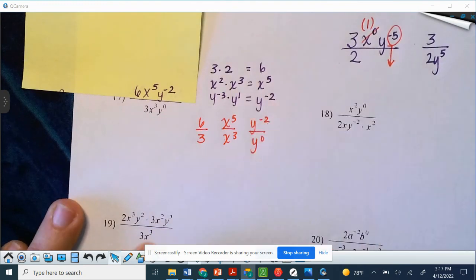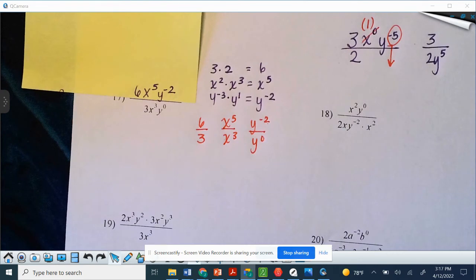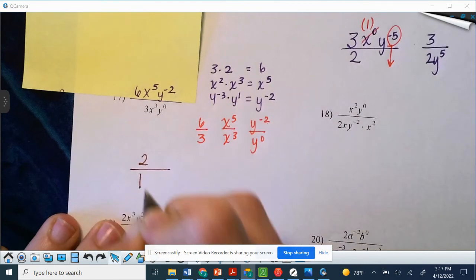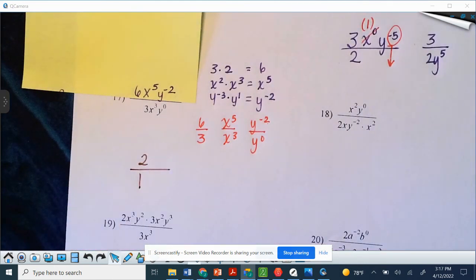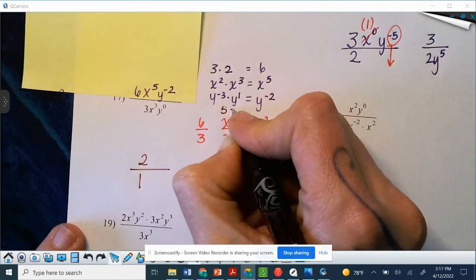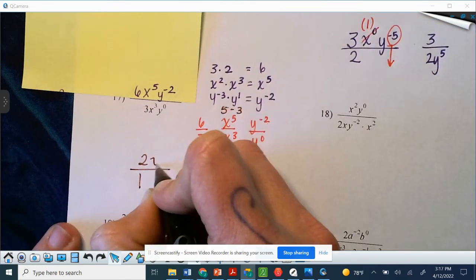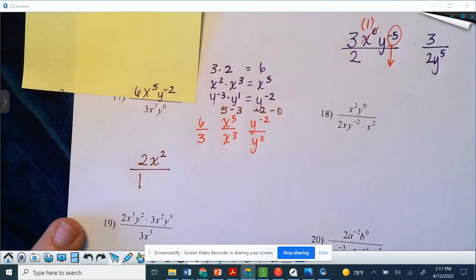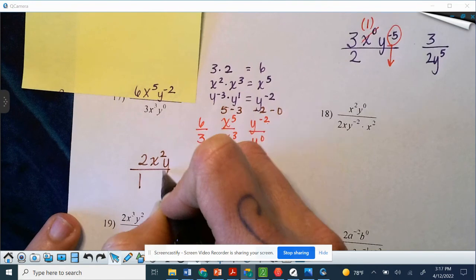So again, just matching up the things that match. 6 does simplify when divided by 3 to a positive 2. But remember, I said keep it as a fraction because things are going to move around from numerator to denominator. It's division, so 5 minus 3 gives me 2. So x squared. Negative 2 minus 0 keeps that negative 2, so y negative 2.